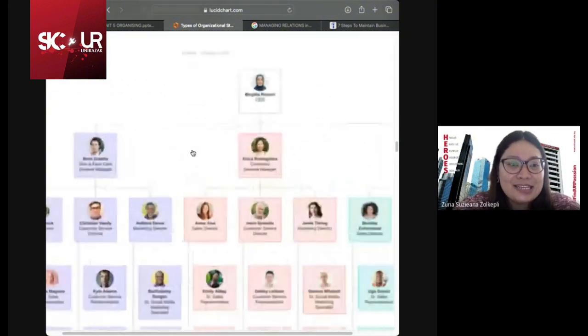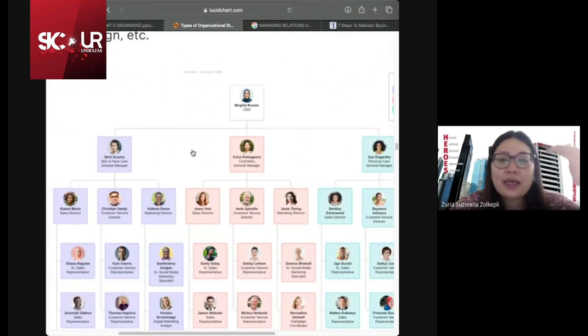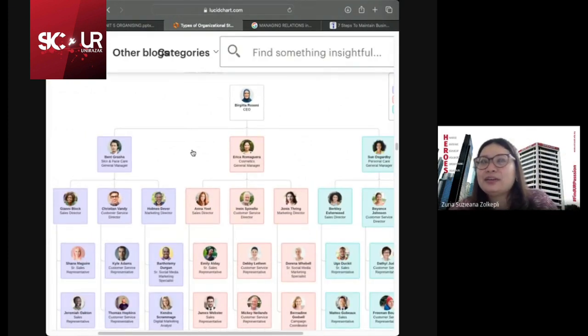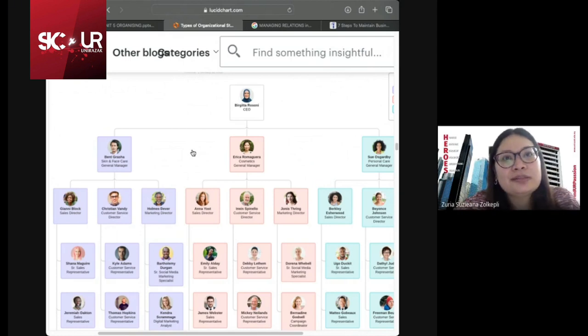As you can see here, if you're working in retail, you can see that their organization structure is based on product, or based on division. For example, women section, men section, kids section, household section, beauty and cosmetic sections, something like that. So this is based on the products, or they call it division, right?